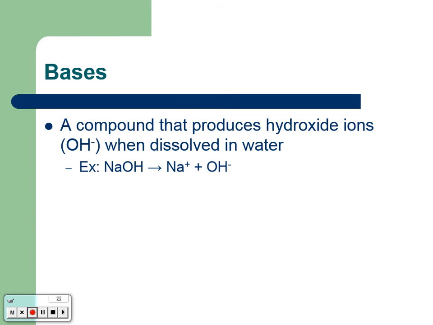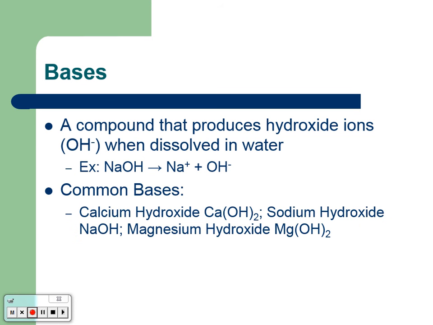If I showed you a bottle of sodium hydroxide, most of the stuff in there is water, and there is some sodium hydroxide dissolved in that water. That's the base when it dissolves in water. Okay? All right. Calcium hydroxide, sodium hydroxide, magnesium hydroxide. You can see they all end in hydroxide because you need it there in order for it to be a base. Okay.